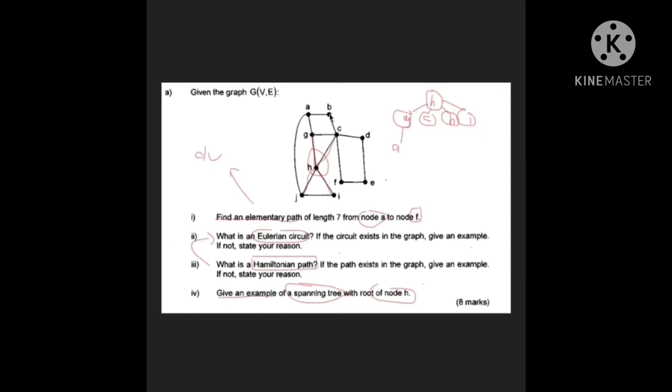And next, we have to look at what all these nodes connect to. G connects to A, and C connects to B and D, and I has nothing, and J also has nothing.